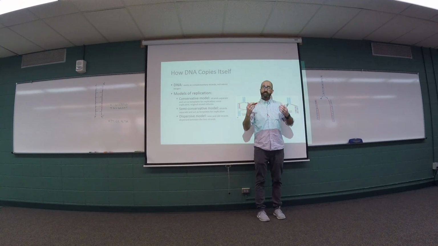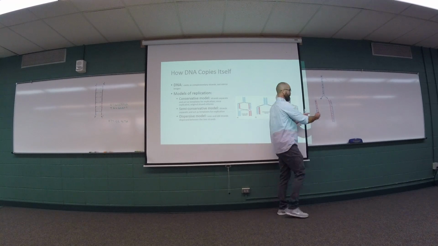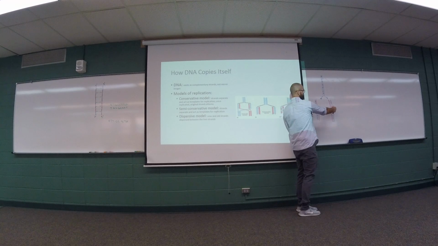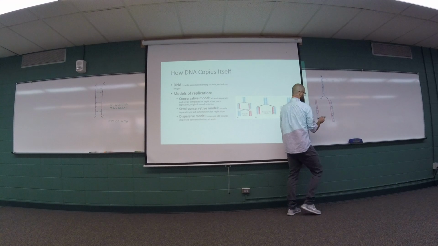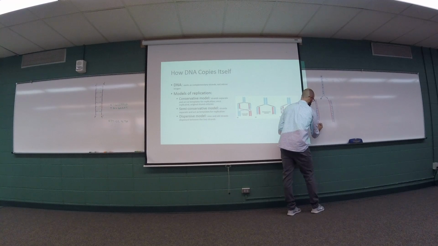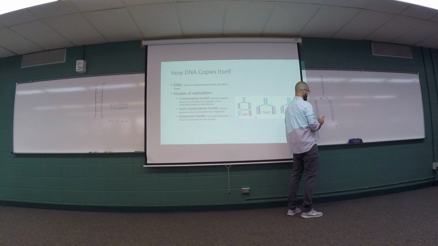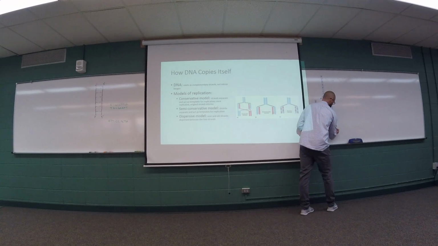And then because it's the conservative model, what's going to happen is these two strands of DNA are going to separate again, and this one is going to reattach to this one, and this one is going to attach to that one. So that at the end, we have our parental DNA back, and then we have an entirely new strand of daughter DNA over here.